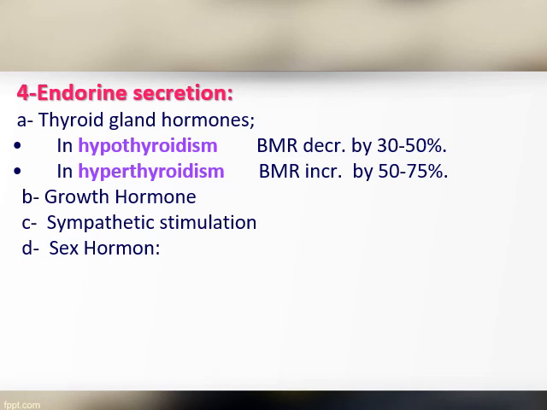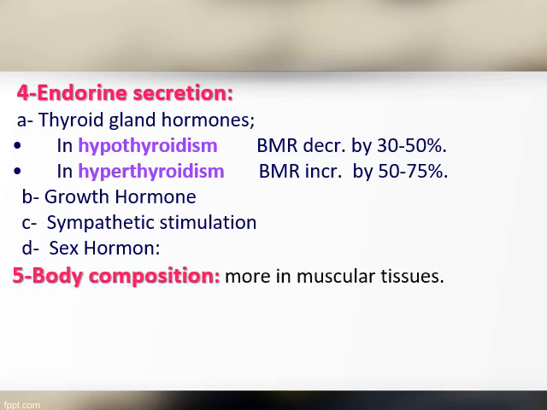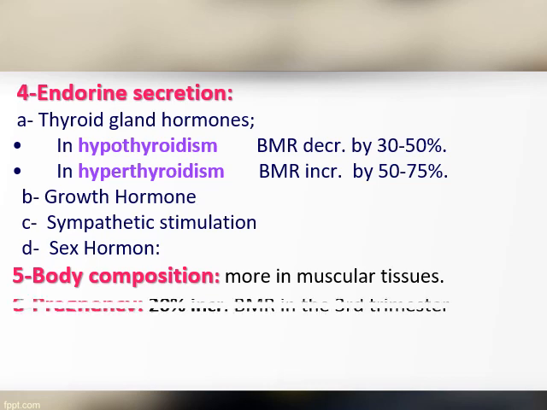The fifth primary factor is the body composition; the basal metabolic rate is more in muscular tissues. The pregnancy also affects the basal metabolic rate, since there is a 20% increase in the basal metabolic rate in the third trimester.